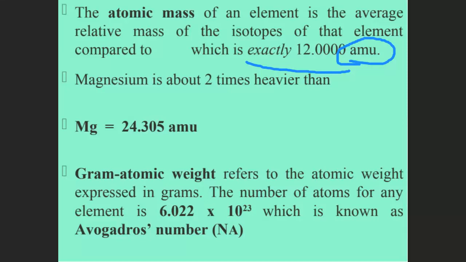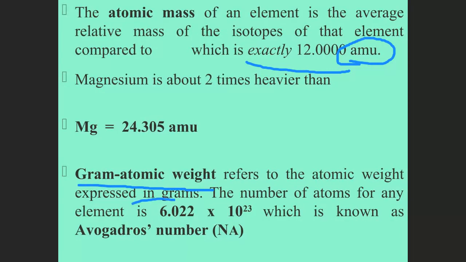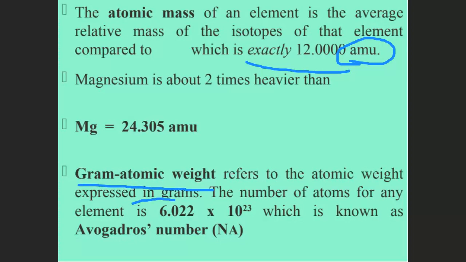But then you can see here one term: the gram atomic weight refers to the atomic weight expressed in grams, and this is the quantitative. The number of atoms for any element is 6.022 times 10 to the 23, which is known as Avogadro's number according to his discovery.